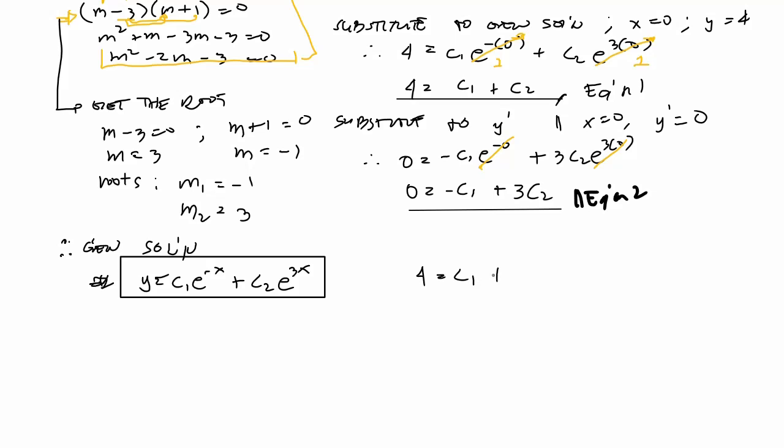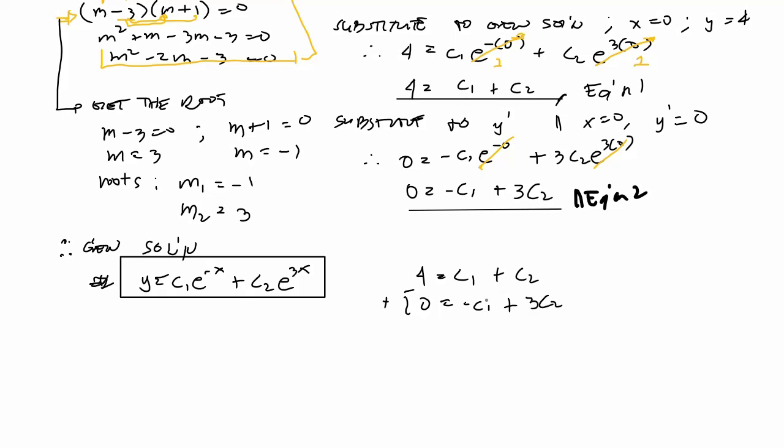We have C1 plus C2 equals 4, plus equation 2: 0 is equal to negative C1 plus 3C2.